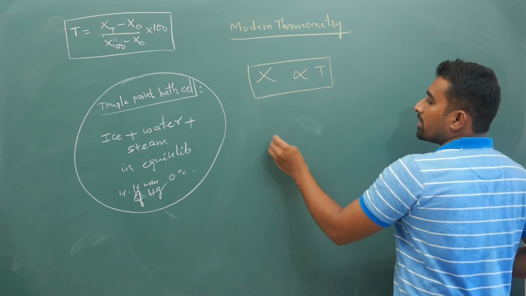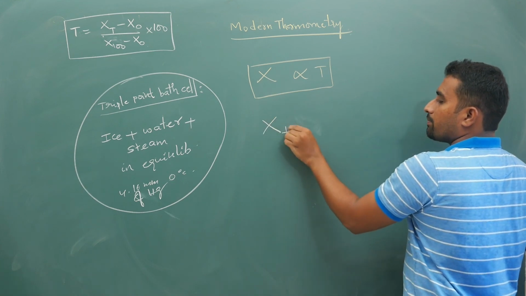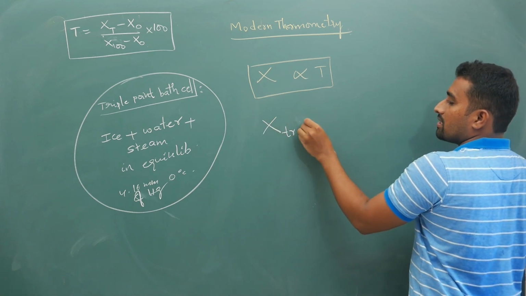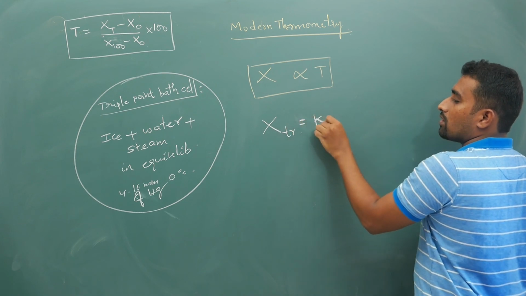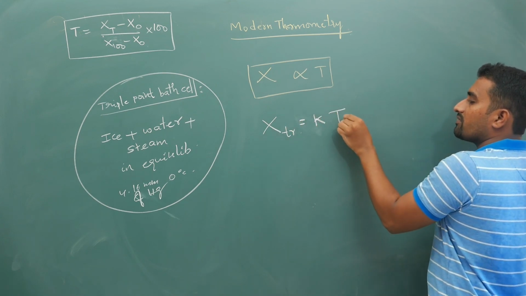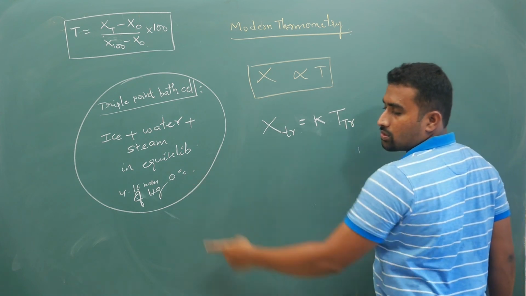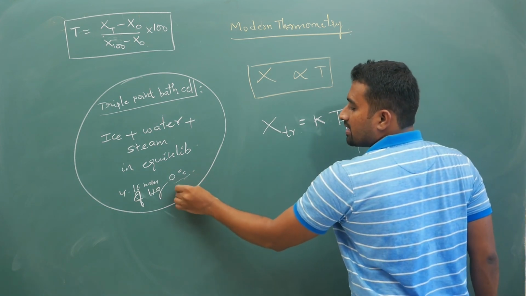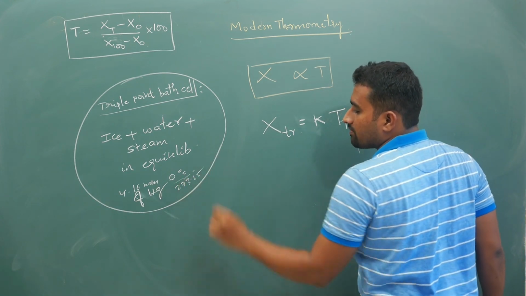So your thermometric property at triple point is equal to some constant K into the temperature of the triple point. Temperature of triple point is known in Kelvin scale. If you are writing it, it is 273.15 something.